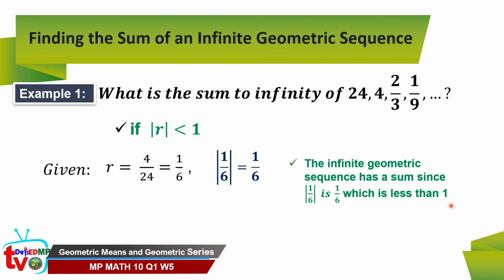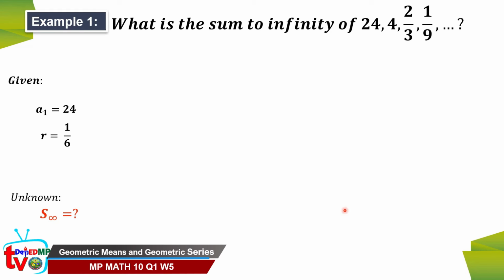We then proceed in identifying the other given values in the problem. So, a sub 1 is equal to 24, and we are going to solve for the sum to infinity of the given sequence. Write the formula: sum to infinity is equal to a sub 1 all over 1 minus r.